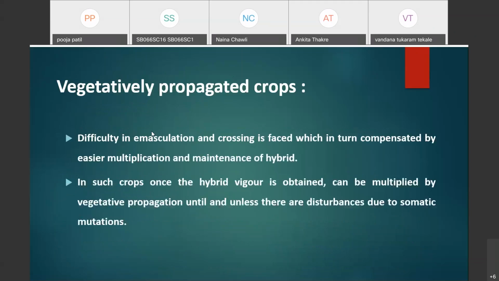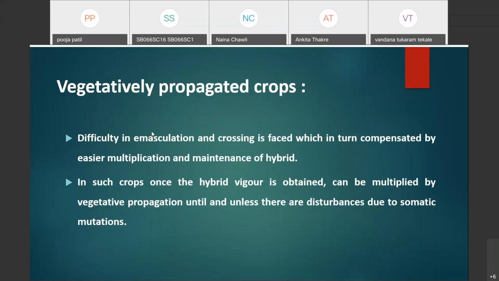And here the last one, heterosis and hybrid vigor in the vegetatively propagated crops. There is a great difficulty in emasculation and crossing, which in turn is compensated by the easier multiplication and maintenance of the hybrid.